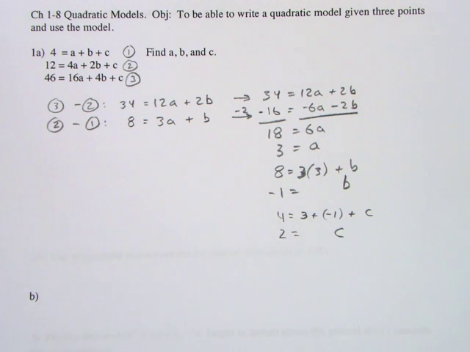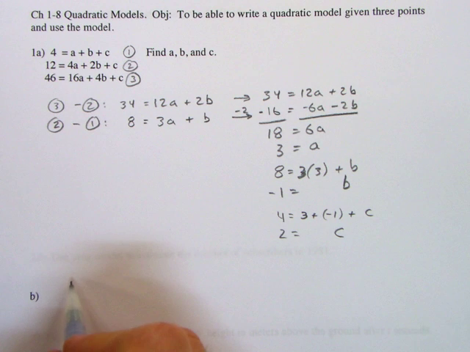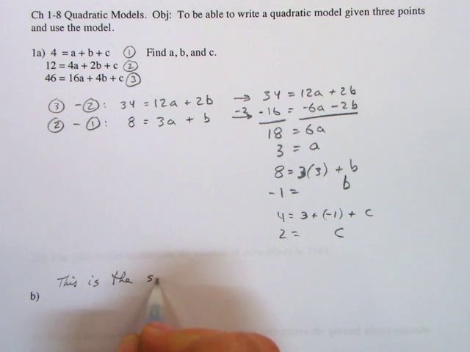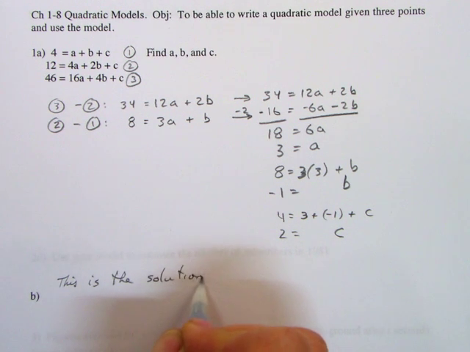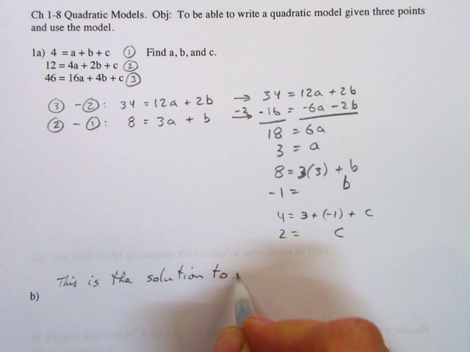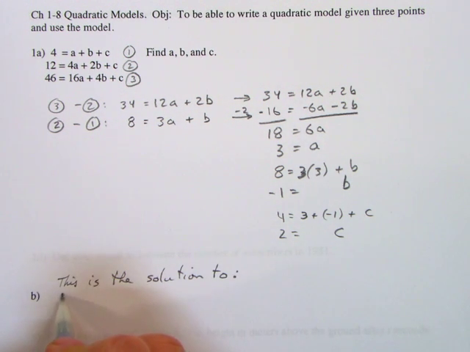Now, what is the purpose of this? This is an important step right now. It's hard to see the relationship to what the objective is for today. What I want to do is say what this is. This is the solution to. So here's the actual question.